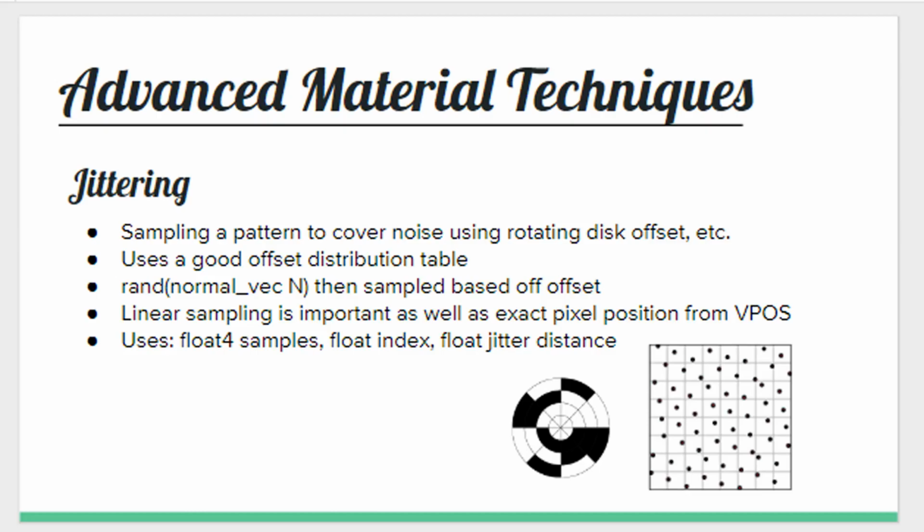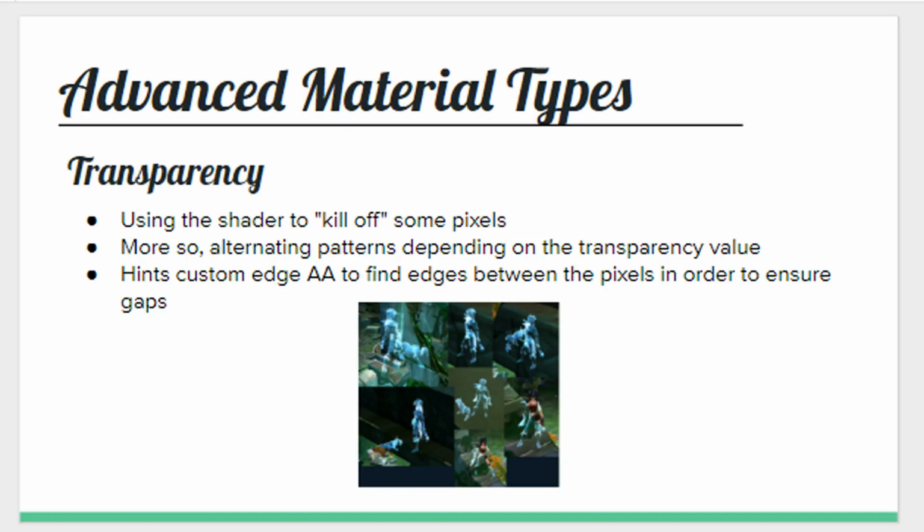Afterwards, he moved more into talking about the different material types that you could do within our material buffer or material pass. There's transparency that would kill off pixels within our shader and basically alternates on these patterns depending on the transparency value.